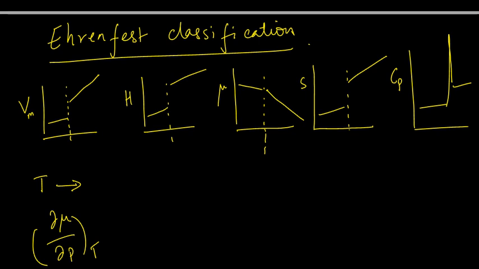So if we go back to what we see over here, all the first derivatives of the chemical potential are discontinuous.